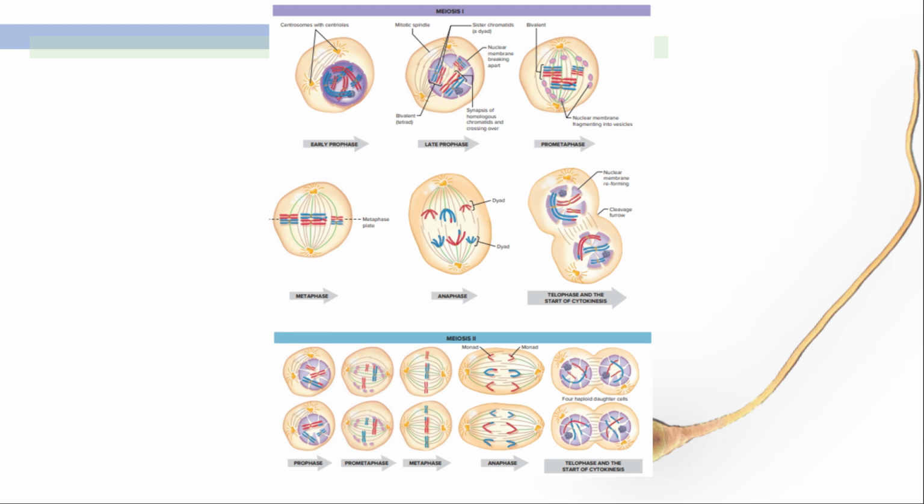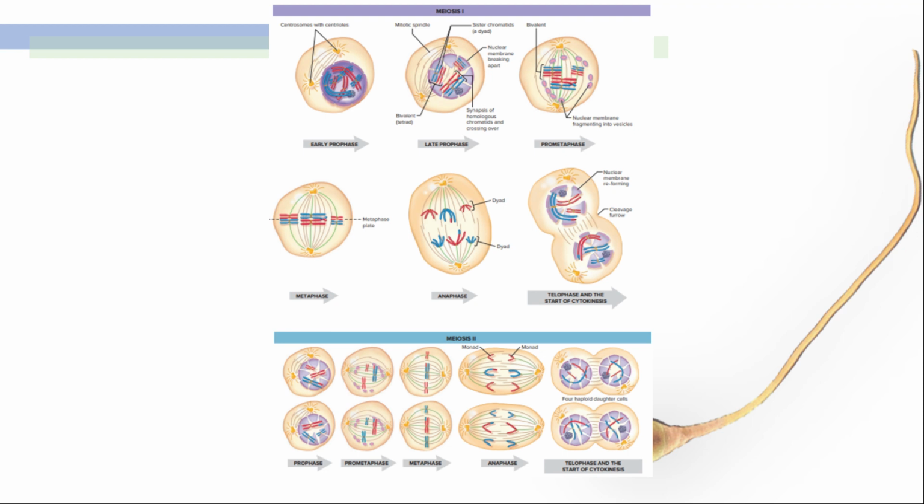So yun, the products of meiosis 1 are two cells that are already haploid. Now, each of those haploid cells will undergo meiosis 2. Yung meiosis 2, ito talaga yung stage ng meiosis na mas similar siya sa mitosis.